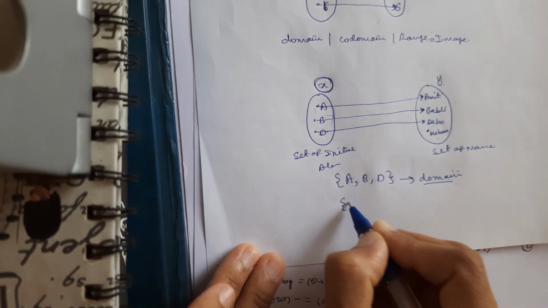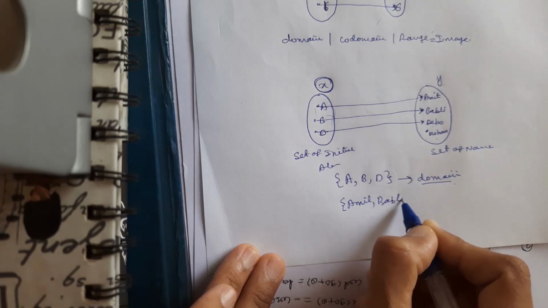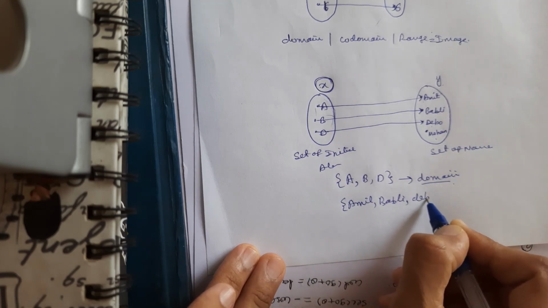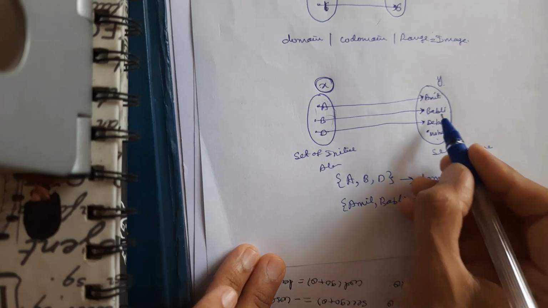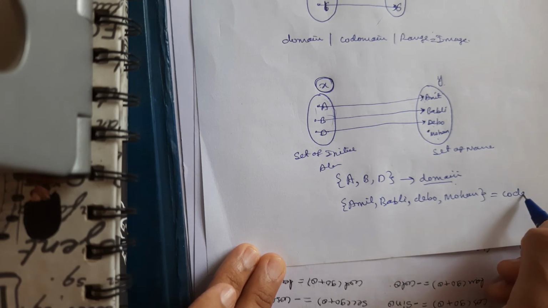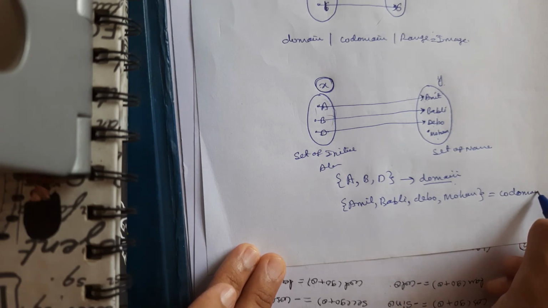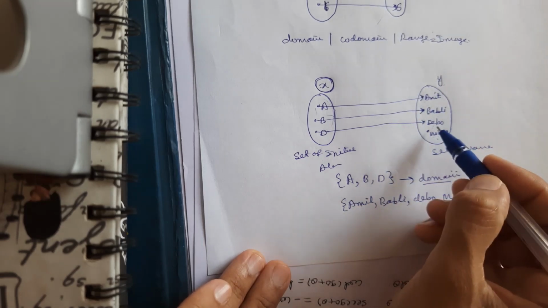So this is Amit, Bubbly, Debo, Mohan. All values of your output, this is called the codomain. Now all these possible values we didn't use.